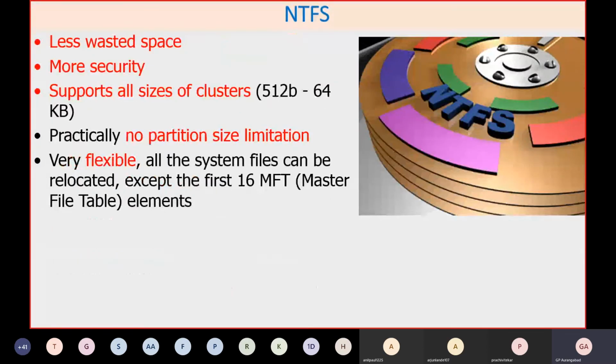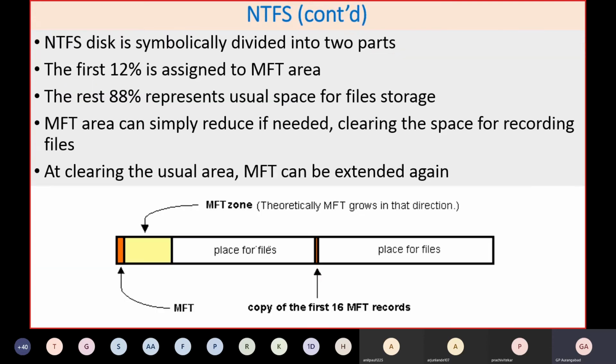So in this NTFS, as I said, as the number of clusters is more, you have less wasted space. The cluster size can vary from 512 bytes to 64 kilobytes. It has more security. Practically no partition size limitations for this NTFS. It is very flexible and it uses the concept called the master file table. So it consists of two areas.